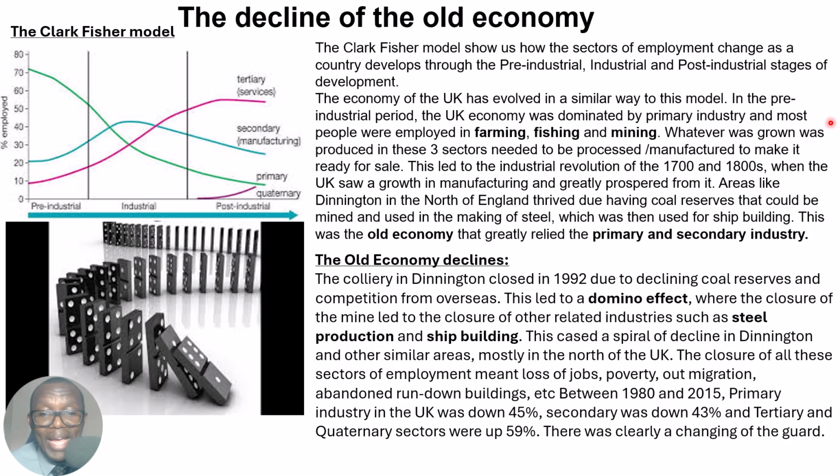Areas like Dinnington in the north of England thrived due to having coal reserves that could be mined. That coal was used in the manufacturing of steel, which was then used for shipbuilding. Therefore, places like Dinnington really prospered and thrived as a result of that manufacturing and secondary sector of industry.